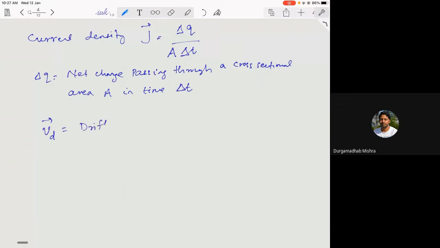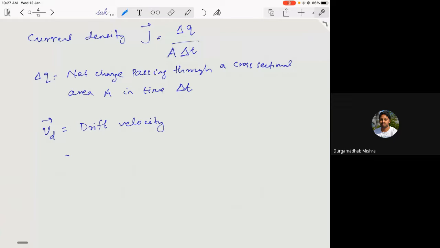This is an average velocity of all the electrons due to the electric field E.